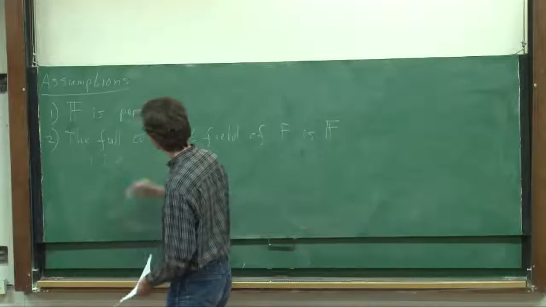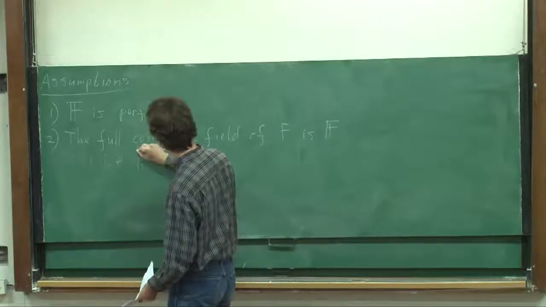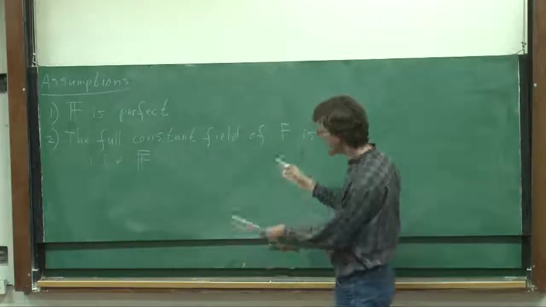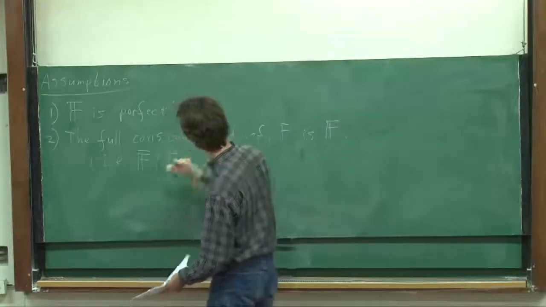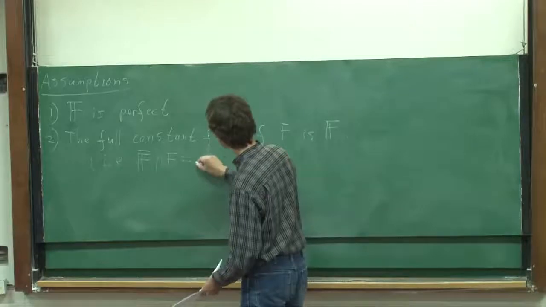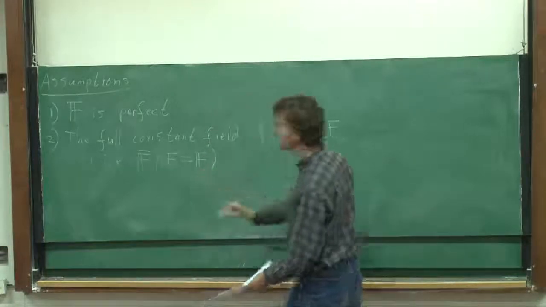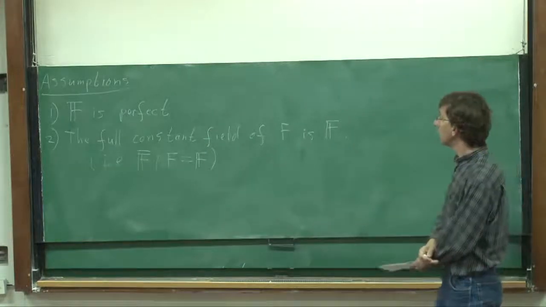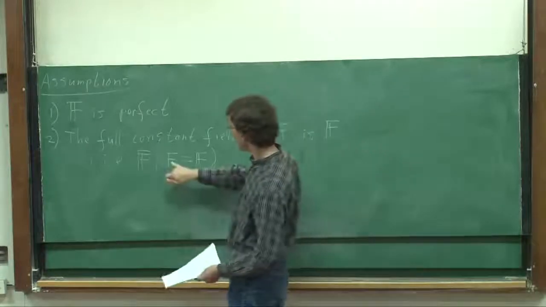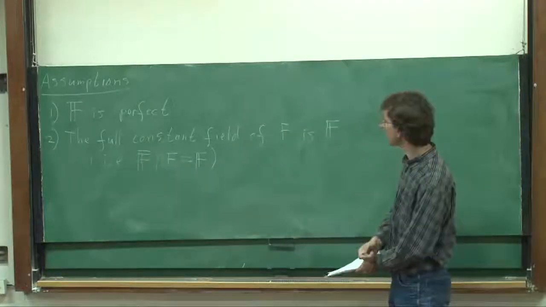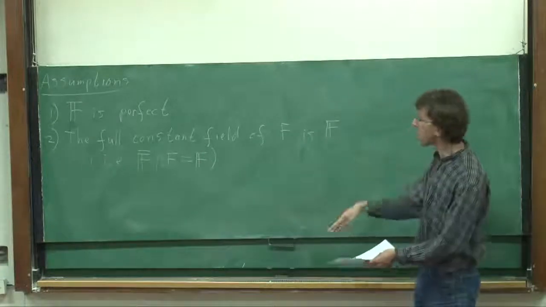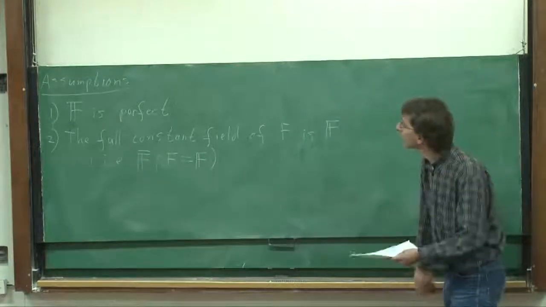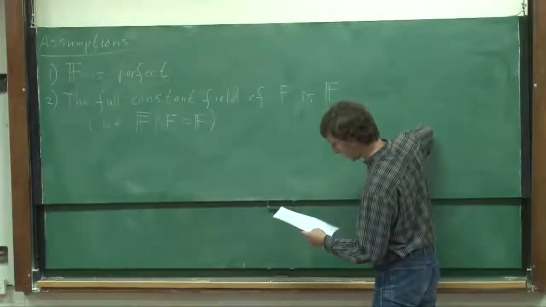That means that if I would take some algebraic closure and I look into a field containing both this algebraic closure and the function field, then I would just get F back again. Another way to say it, if I pick any element from the function field that is algebraic over the constant field, it's actually already in the constant field. Now those are our two assumptions.